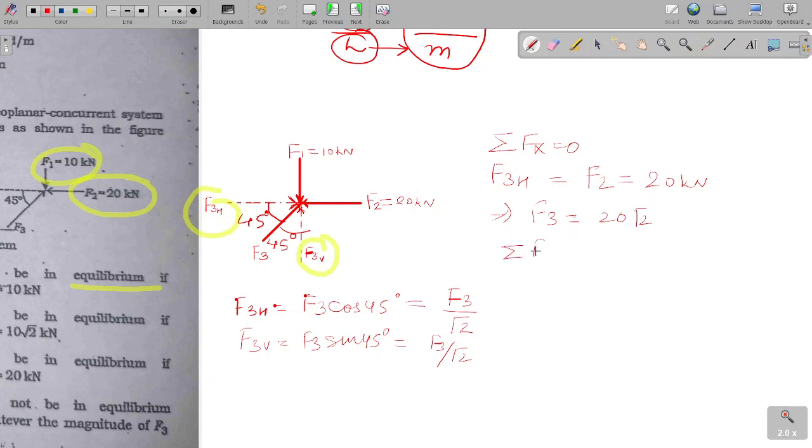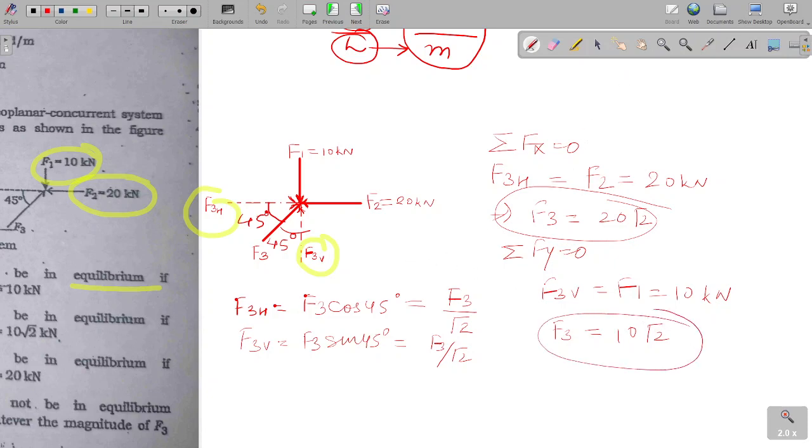Again, sigma Fy is equal to 0. So F3 vertical is equal to F1, which is 10 kilonewton. So F3 is equal to 10 root 2. As you can see, the F3 coming from this and the F3 coming from this are different.